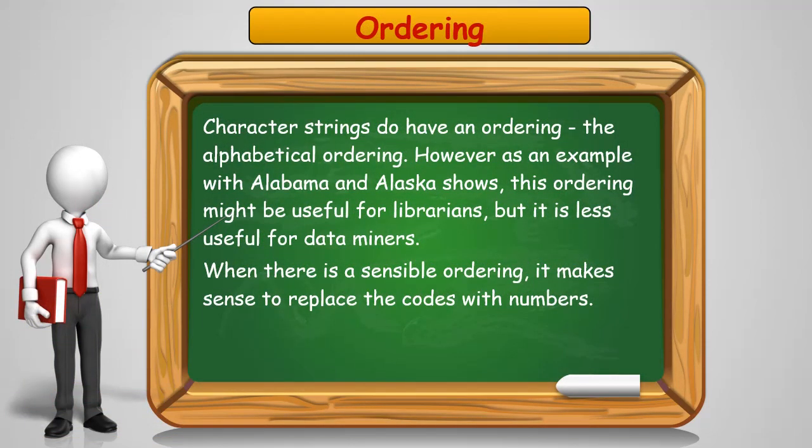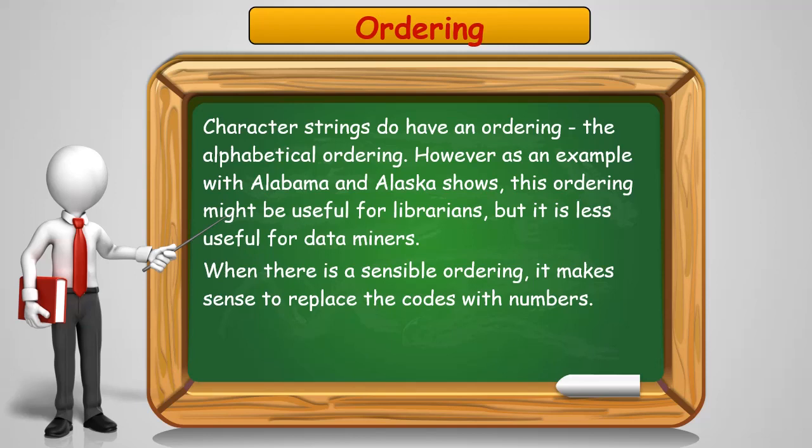Character strings do sometimes have an ordering. Of course, the natural order is alphabetical. Alabama comes before Alaska. And while that's helpful for librarians, it's less useful for data miners. The thing is, when there is a sensible ordering, it makes sense to replace those categorical values with numbers.